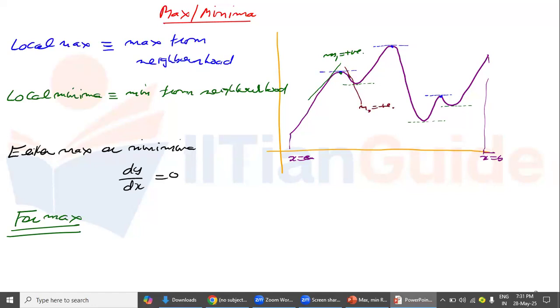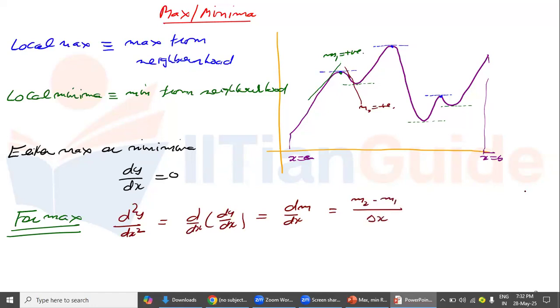Now I will calculate the second derivative, del square y upon dx square. Del square y upon dx square is nothing but d by dx of dy by dx, and dy by dx is the slope of the tangent. So basically, I have d by dx of m, or dm by dx, or delta m by delta x, or y2 minus y1 upon x2 minus x1. That is the formula. I can say that is m2 minus m1 divided by delta x.